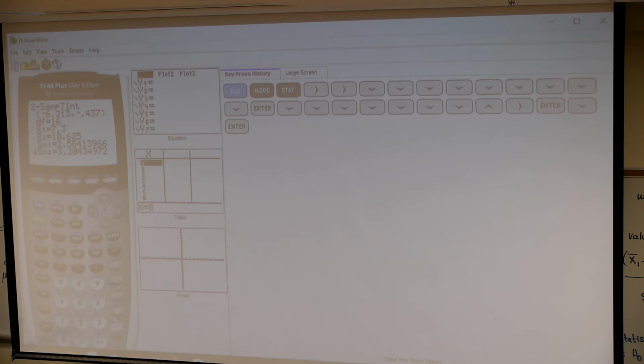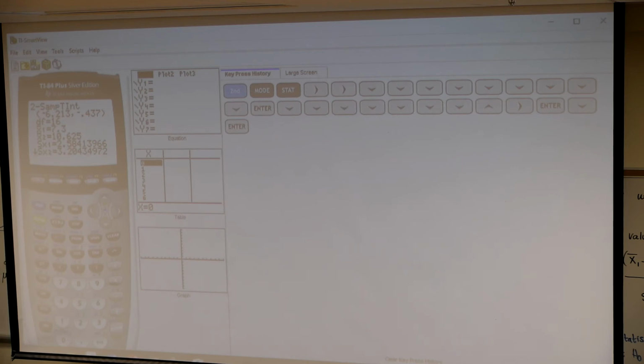No. A while ago, I said the concept of confidence interval and hypothesis test, they are related. So if you know one, you can easily infer about the other. The advantage of an interval is that it tells you the range where the difference would fall. So in this case, the difference is somewhere between -6 all the way up to -0.437.